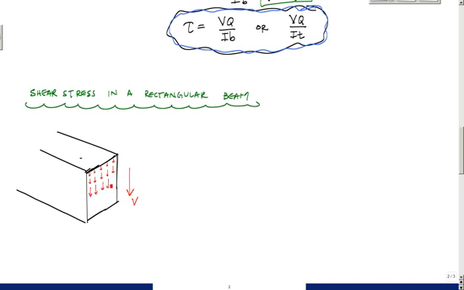Here at the location of the neutral axis, let's say here is the neutral axis line, NA, the shear stress is max on the surface of the cut at the neutral axis, and then it gets smaller and smaller and so on and so forth, okay? Like that.